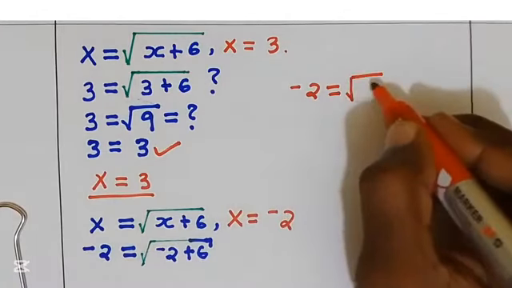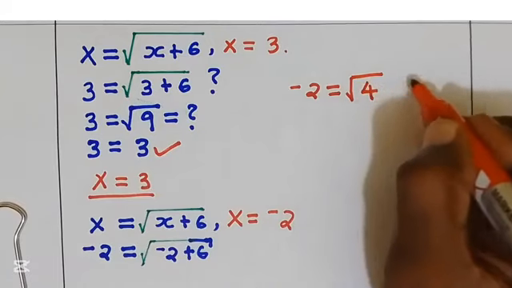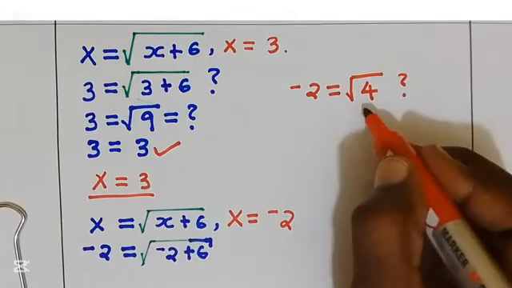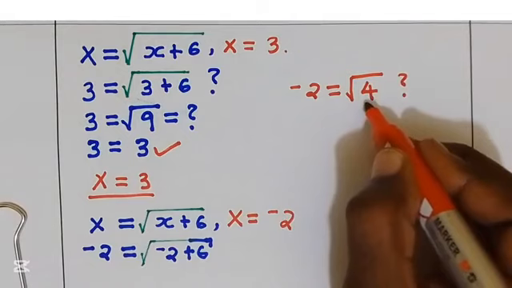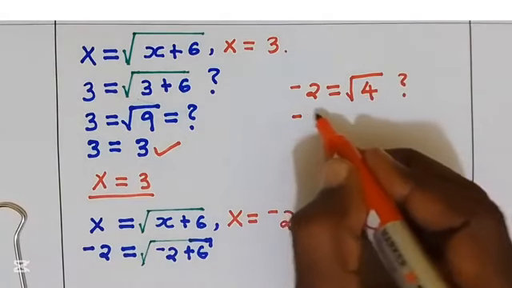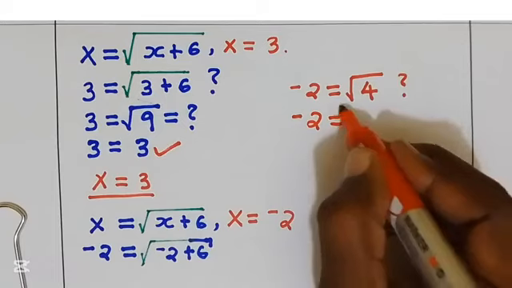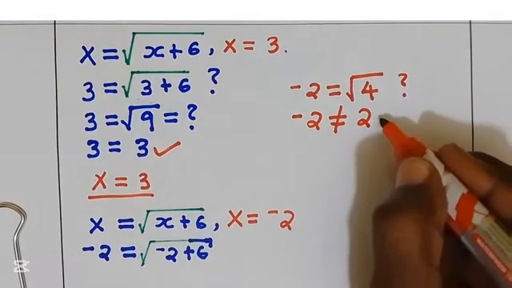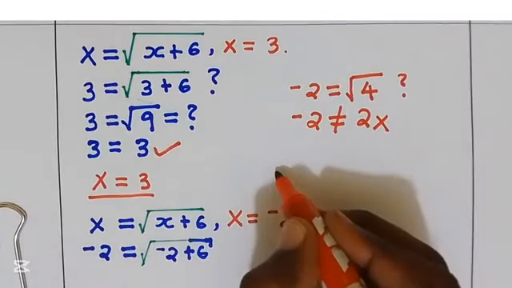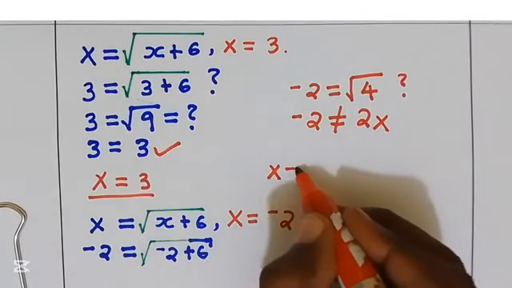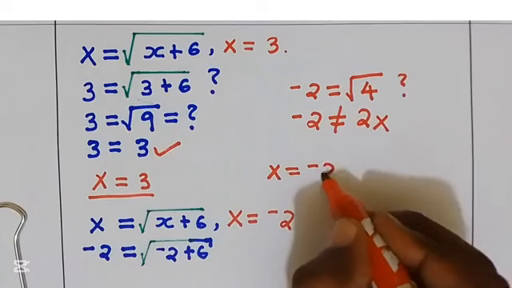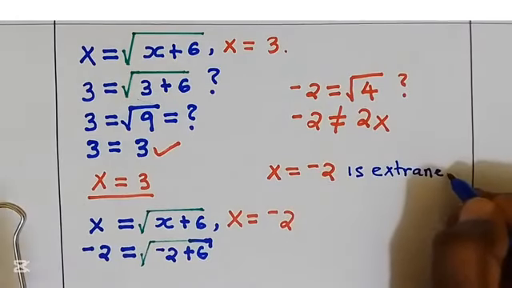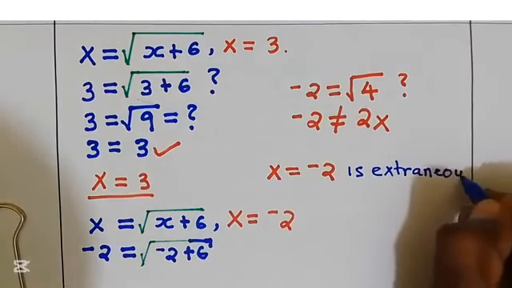So square root of 4, is this correct? Square root of 4, it is 2. Negative 2 is not equal to 2. This is not correct. x is equal to negative 2 is an extraneous solution.